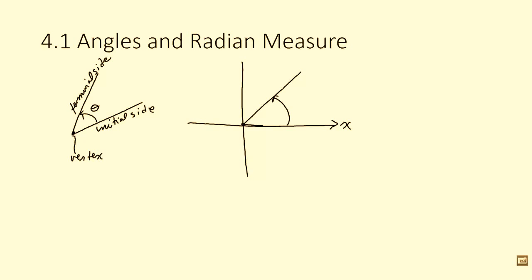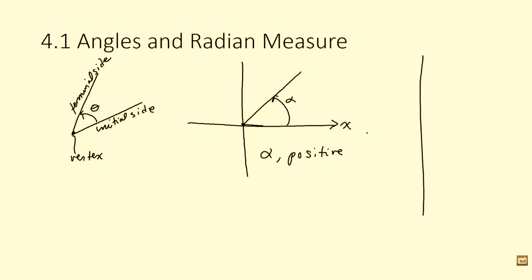Here's the terminal side. Let's call this angle alpha. So alpha is considered to have been drawn in standard position. Alpha is positive. To generate positive angles, we move in the counterclockwise direction.